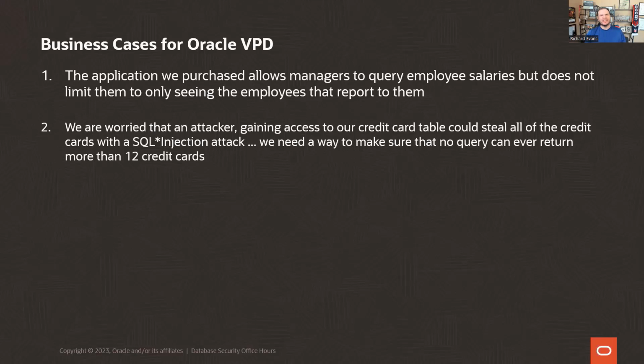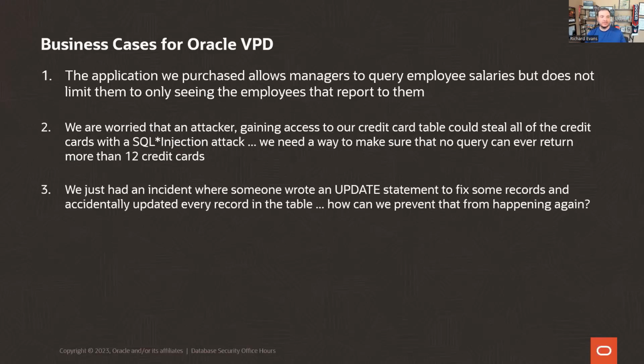And I thought, man, 12 credit cards, that's a lot. Why not one? Well, I guess between my wife and my kids, we've got 4. So okay, maybe 12 is a little high. But the point there is that we can limit it to X number and decide that we should never return more than that in a single query like this.